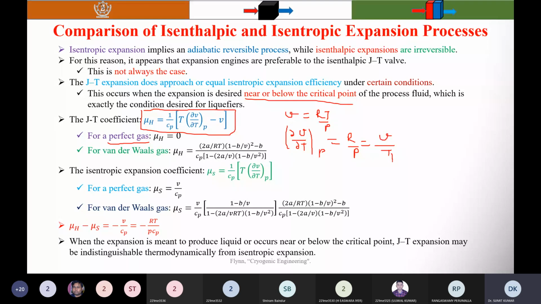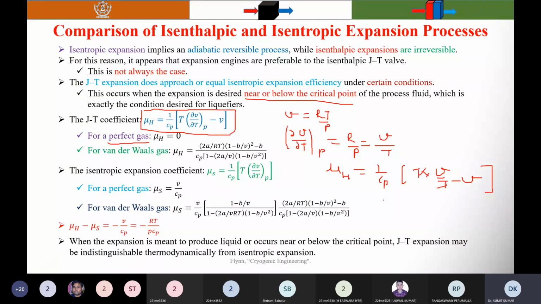So when you substitute this value here, you will find that mu H is equal to 1 by Cp into T times V by T minus V, so that is equal to 0.